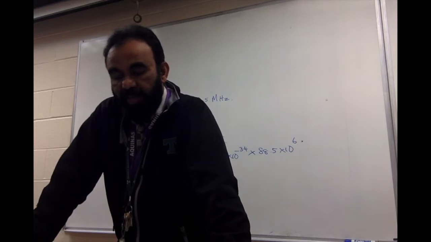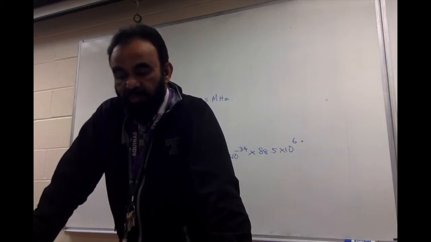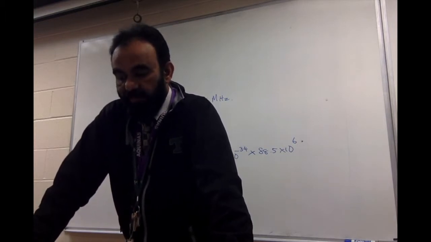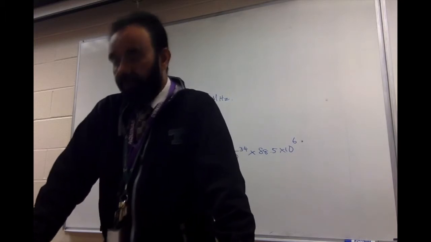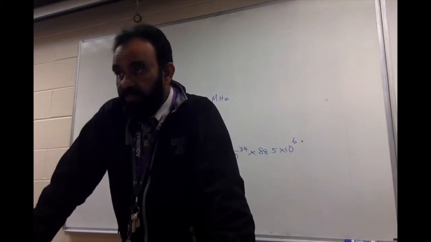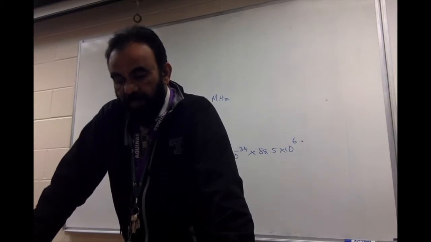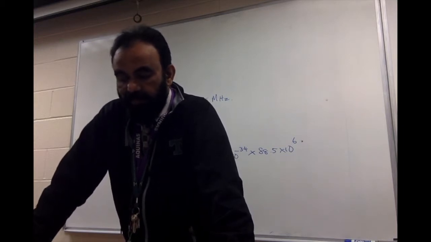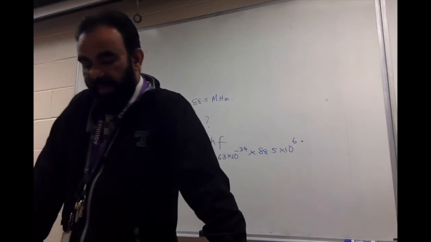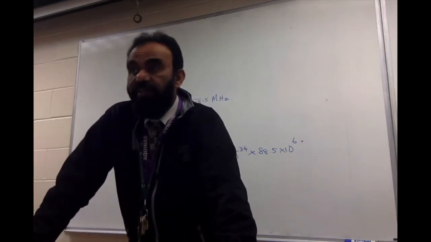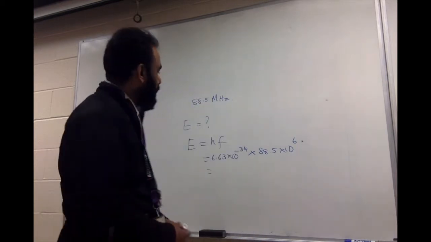A typical gamma ray emitted from a nucleus during radioactive decay. We'll talk about radioactive decay later on in the next chapters. A typical gamma ray emitted from a nucleus during radioactive decay may have an energy of 300 kilo electron volts.